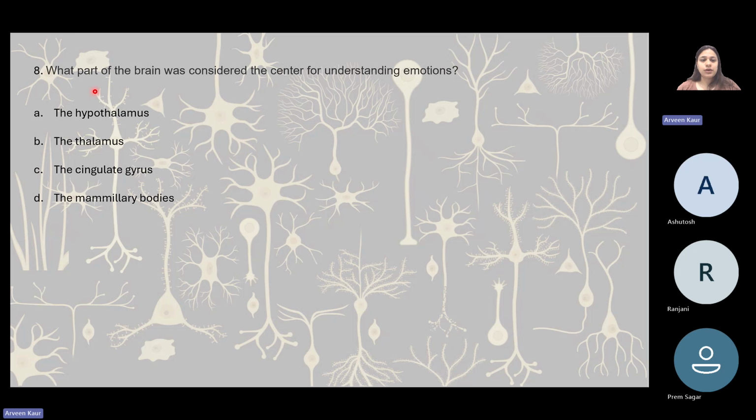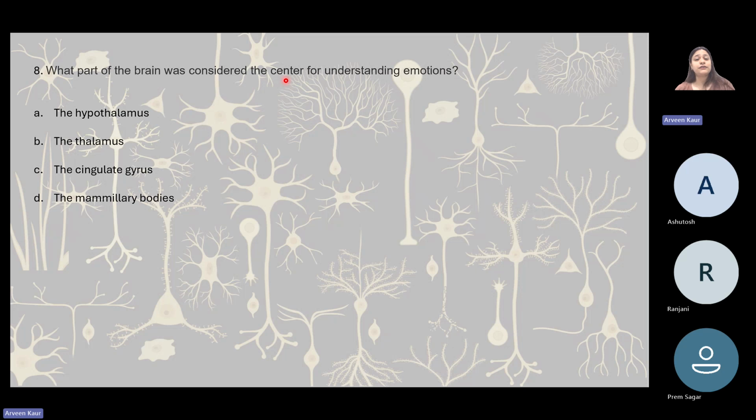Then question number 8 was what part of the brain was considered the center for understanding emotions. You have to read the question properly. It is not where the emotions are present or which part is responsible for emotions.